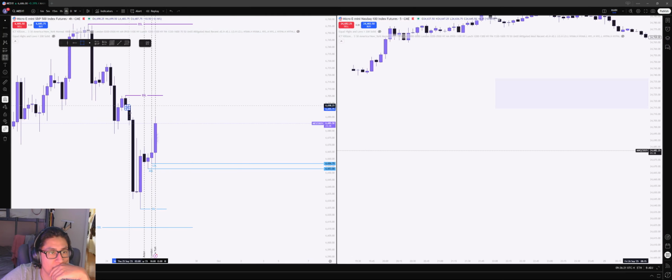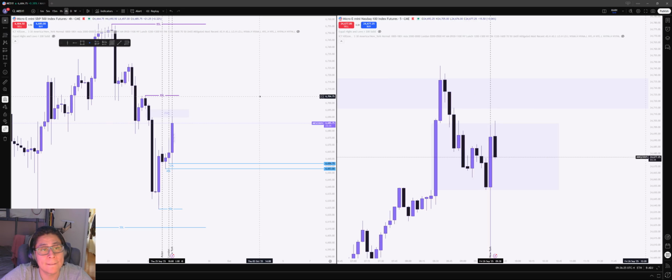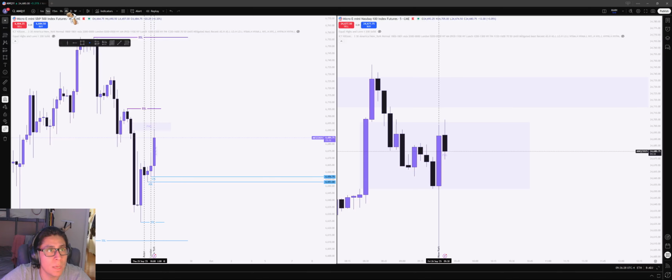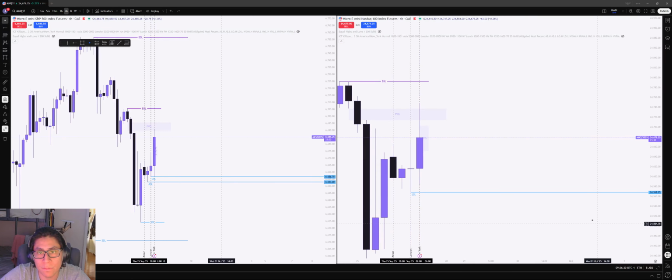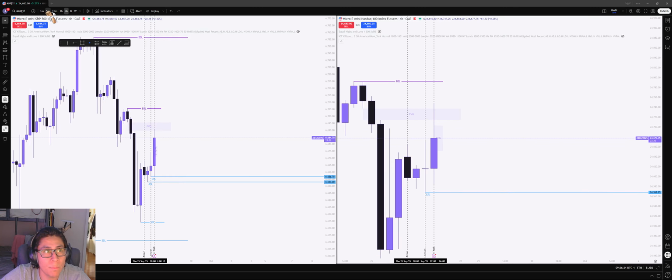Although once again, we are tapping into this 4 hour gap here too. And then MNQ doesn't have that gap, I believe. I'm not very confident on buys right now, honestly.